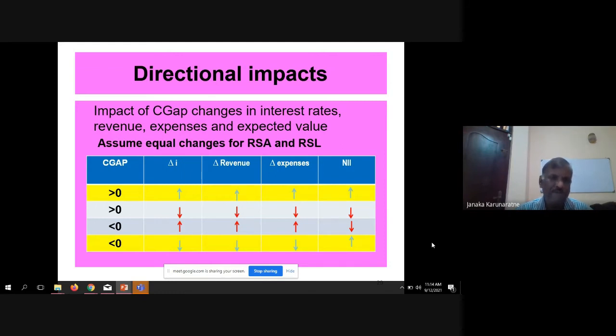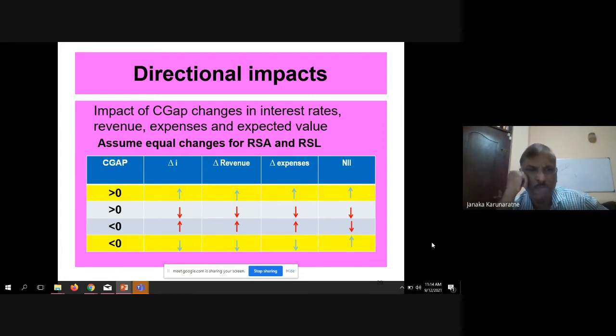So if you have a positive gap but interest rate declines, the revenue goes down, expenditure goes down. As a result, net interest income will go down because the gap is positive.